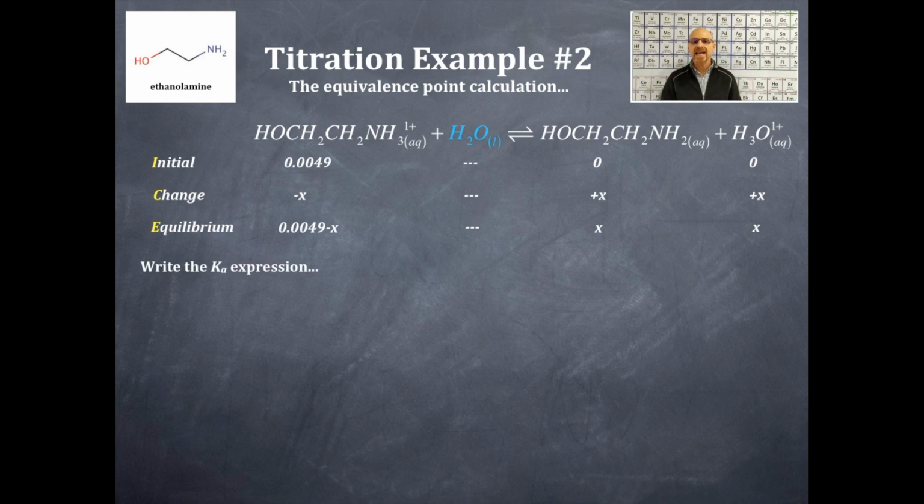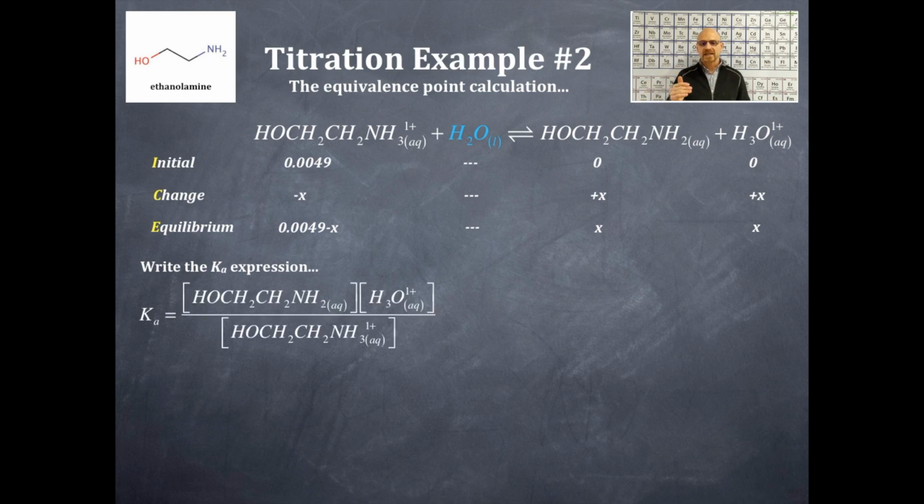So I'm going to write the Ka expression for this. That's products over reactants with the stoichiometric coefficients as exponents like any other equilibrium K. So that is the ethanolamine times hydronium ion divided by the conjugate acid to ethanolamine in the denominator there. Okay? I'm going to be using the Ka.